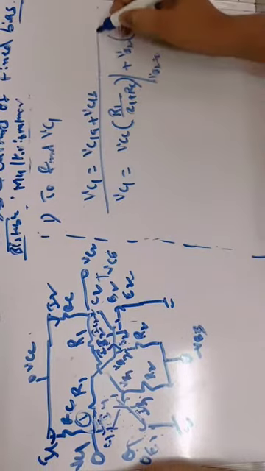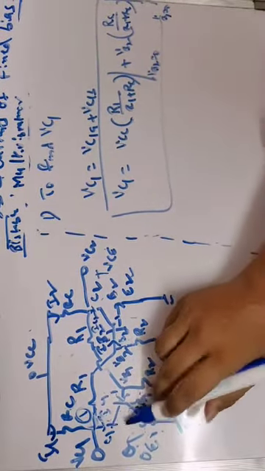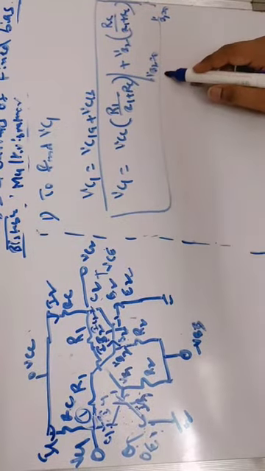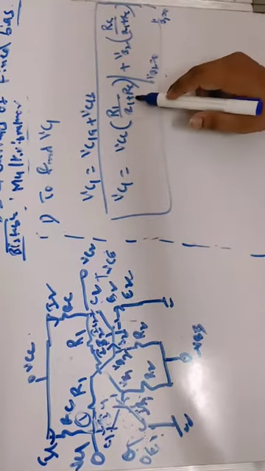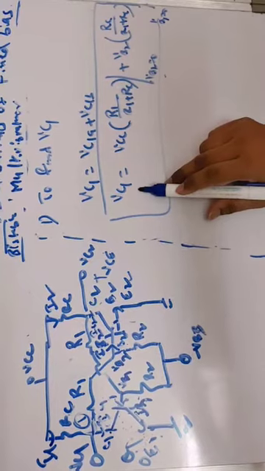This is the overall representation of the collector voltage VC1, considering one source at a time and nullifying the effect of the other source. In the problems they will give the R1, RC and VCC values. We should find out the stable state collector voltage.